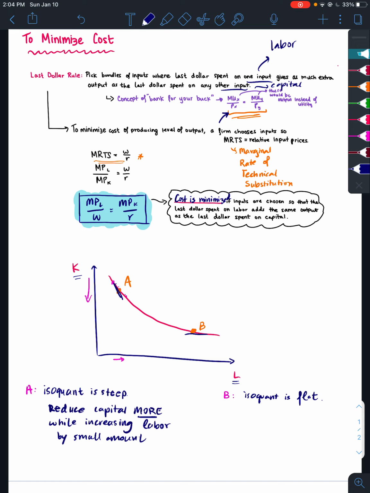And of course, similarly, B should be the opposite, right?